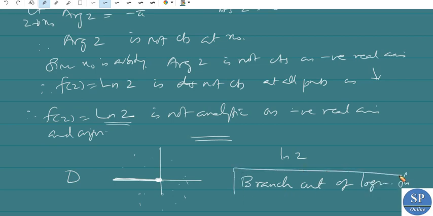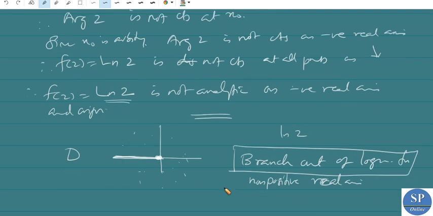So the branch cut of a logarithmic function is the non-positive real axis.